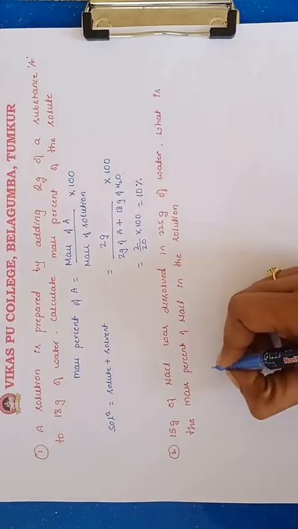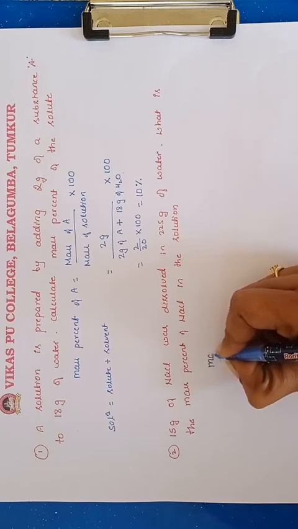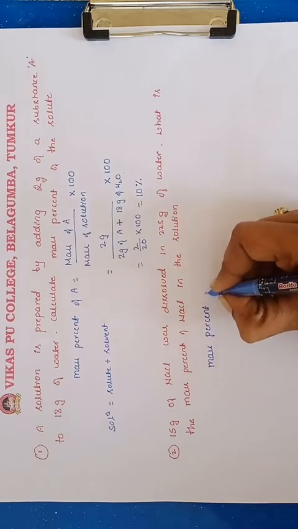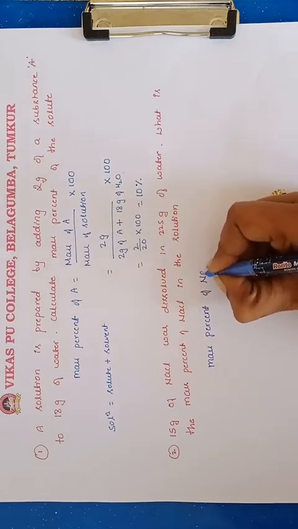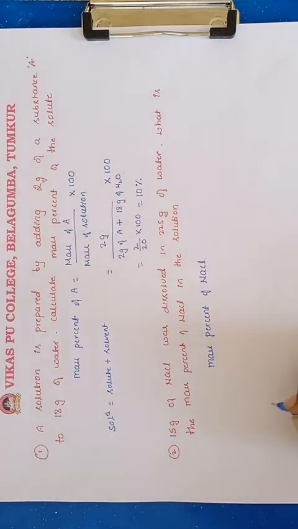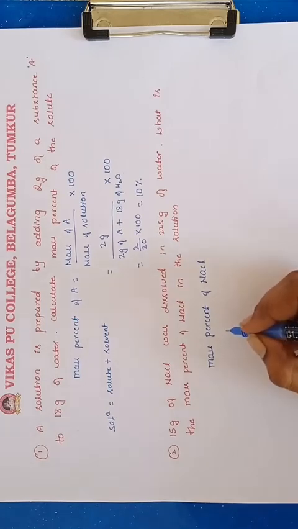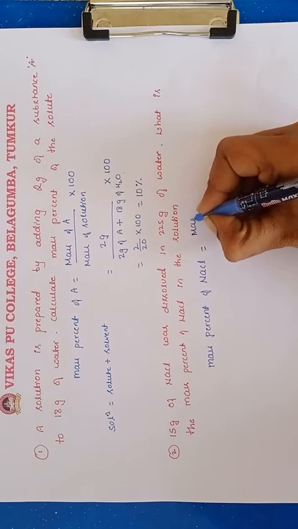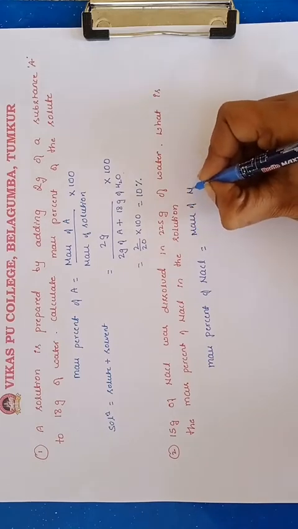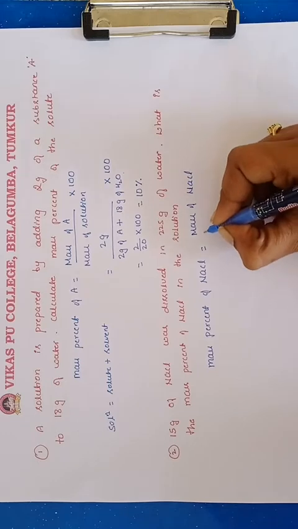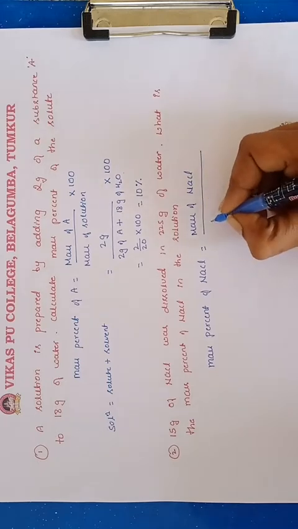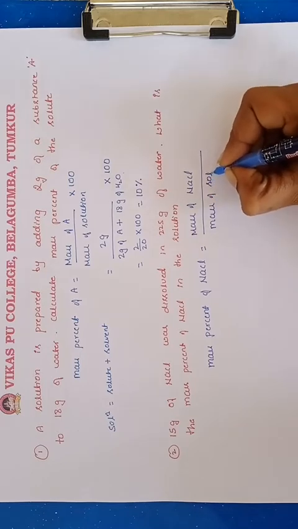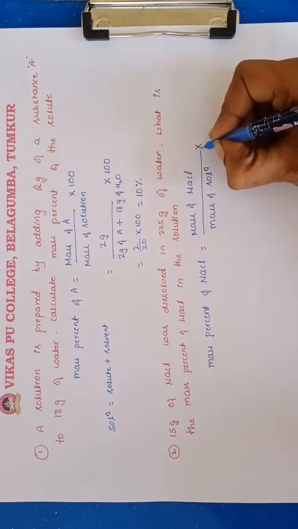Therefore in the formula we write: mass percent of NaCl is equal to mass of sodium chloride NaCl divided by mass of solution into 100.